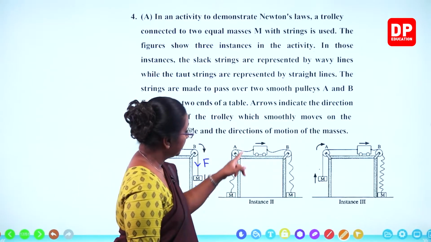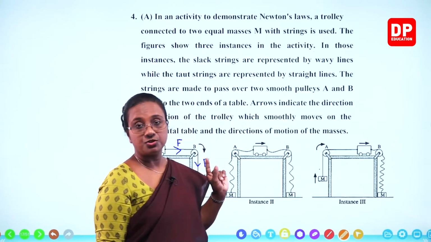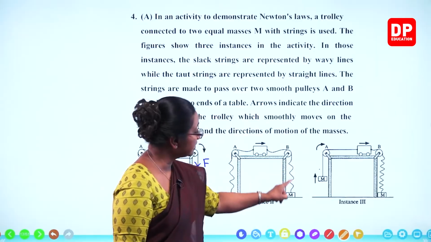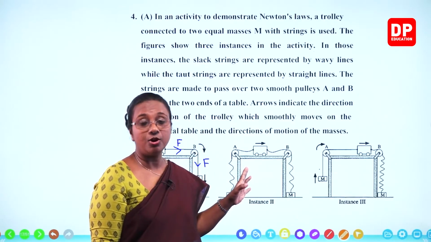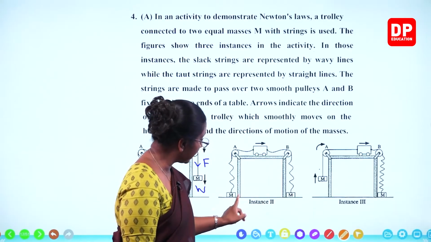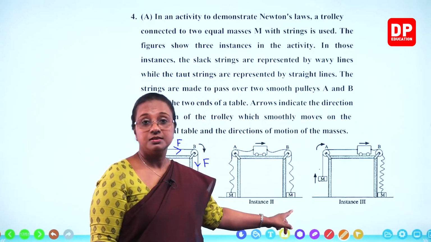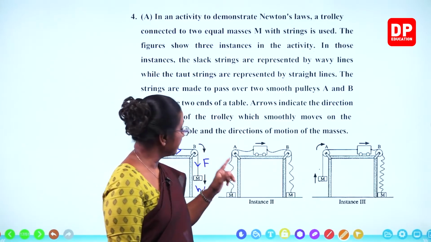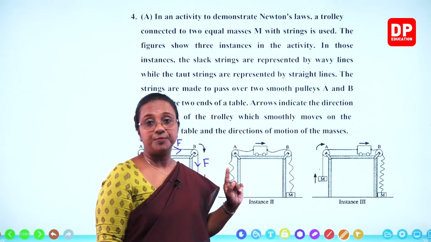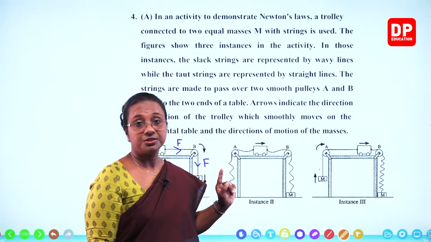Now here they have shown the movement of the trolley, but both the strings are slack strings. So there is no force acting on it. Both the masses are resting on the floor. So there is no unbalanced force, but still the trolley is moving. Then what will be the motion?